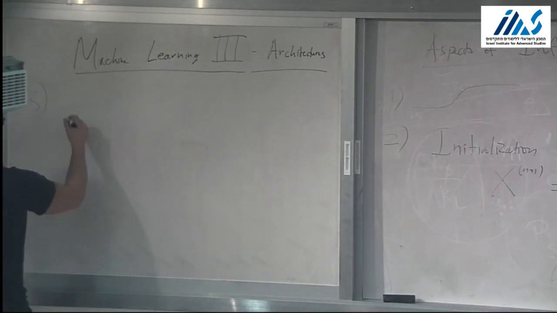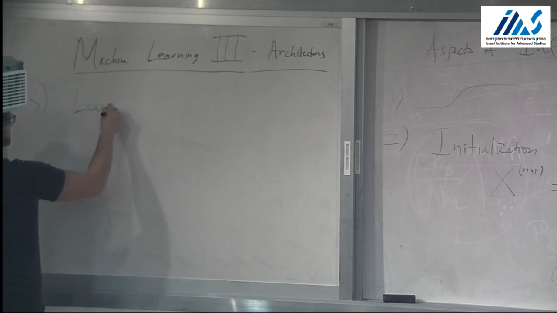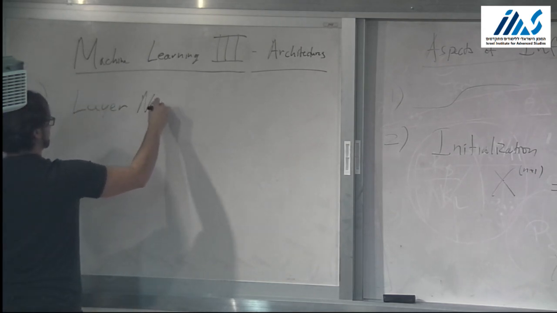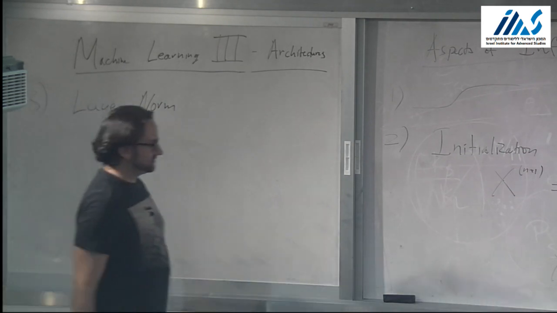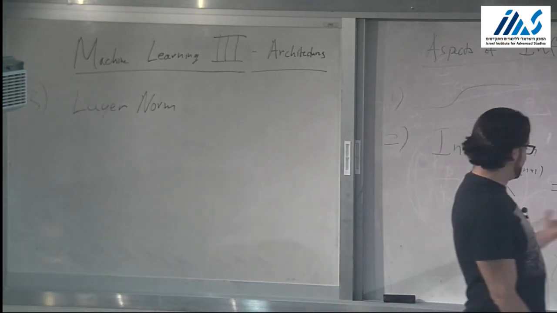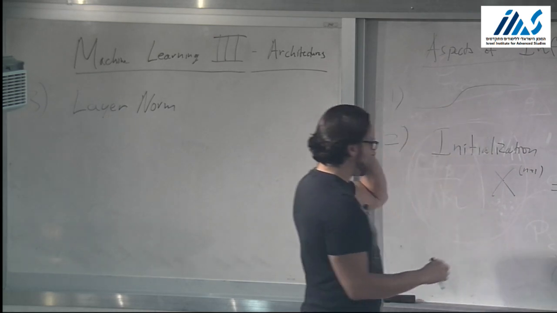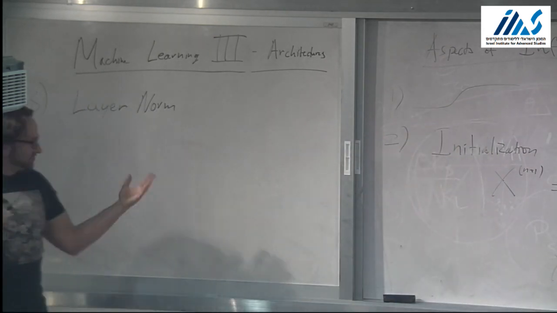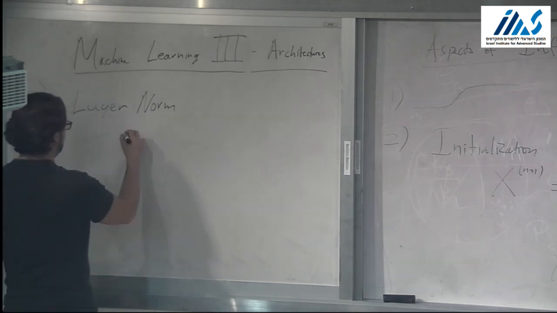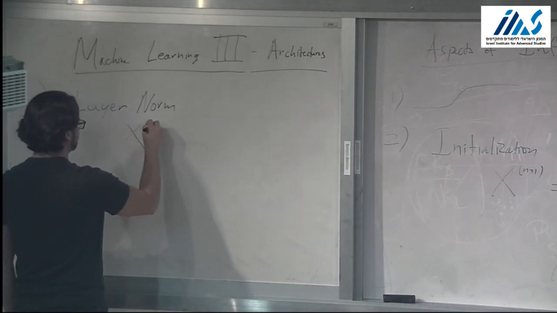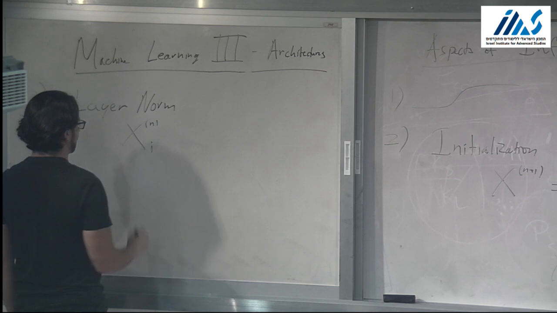I'll tell you about something called layer norm. Here we want to initialize so that we get a nice distribution. Well, here's another solution to the same issue. I get out these numbers at layer n, x_i.